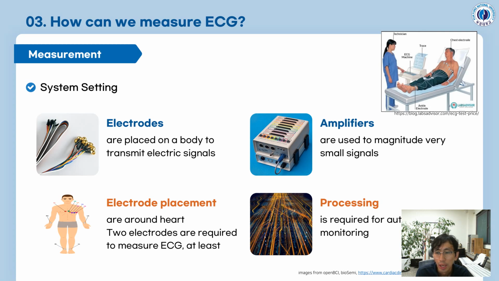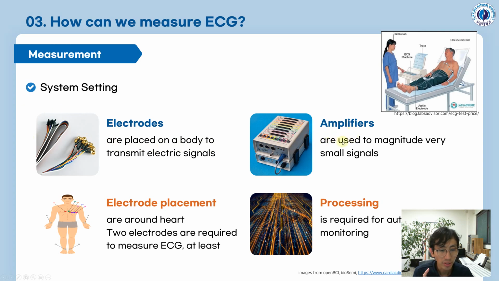Our skin basically tries to resist transmitting the electric signal, so it is very important to make the signal pass from our body to the electrodes and the amplifier. So this electrode is connected to the amplifier.